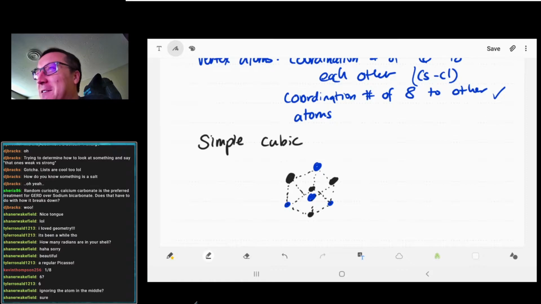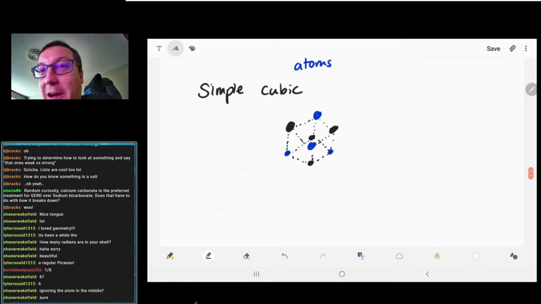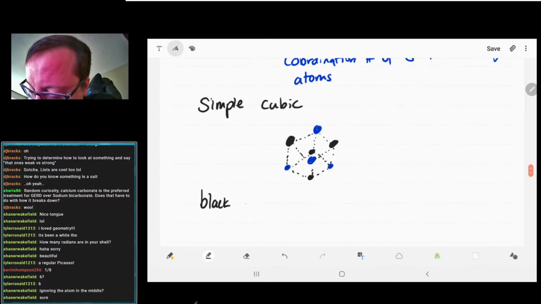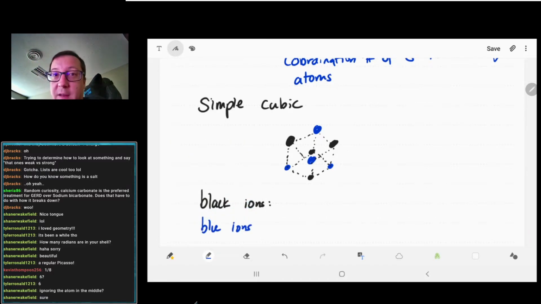If we look at this kind of unit cell here, if we look at the black atoms or ions versus the blue ions, so vertex atoms will always be 1/8 within the cell for a cubic cell.